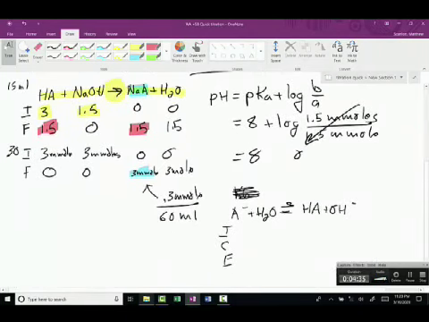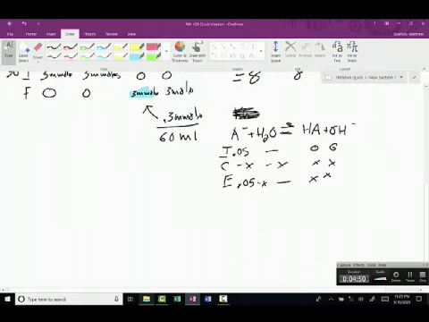Okay, so that gives me 0.05, 0, 0, minus X, X and X, 0.05 minus X, X and X, and I get Kb is equal to X squared over 0.05 minus X.